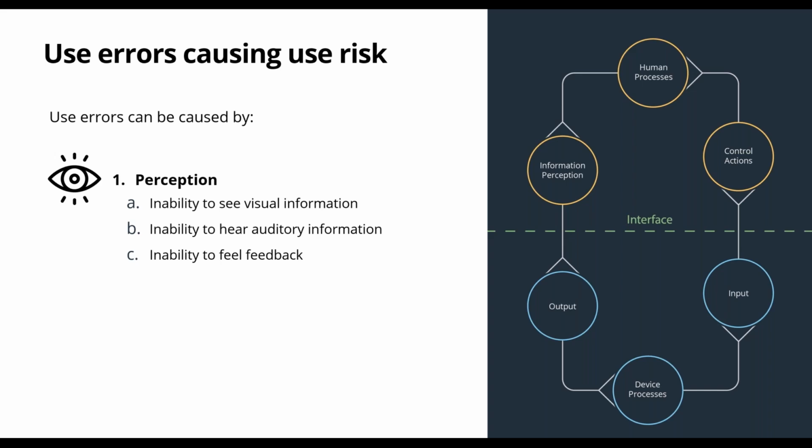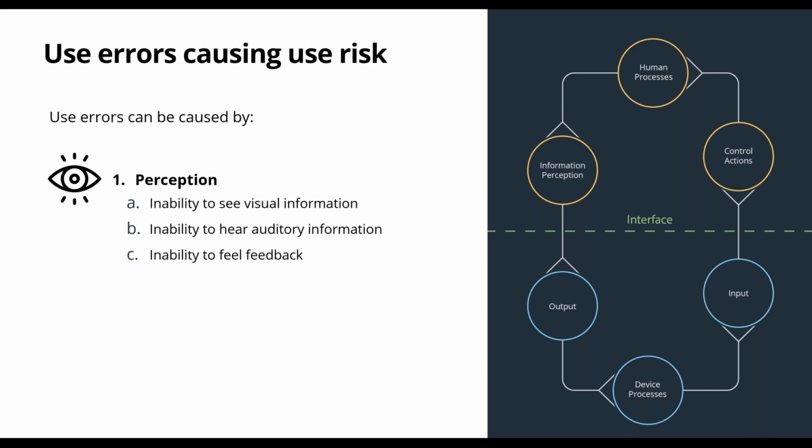And so the usability process provides a framework for exploring, understanding, and ultimately quantifying use error, and therefore the potential for patient harm as a result of a poor user interface.